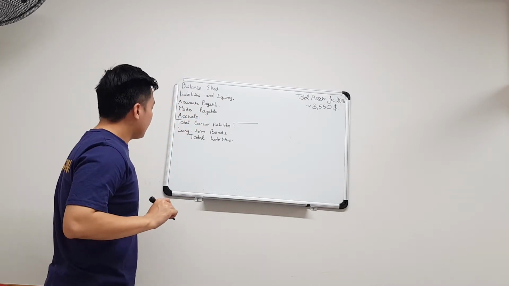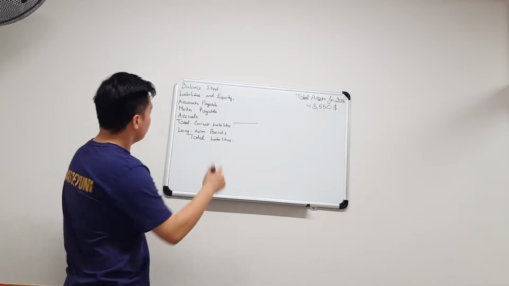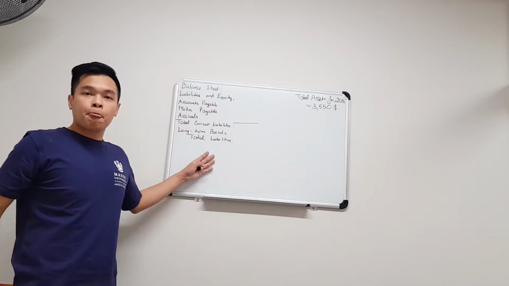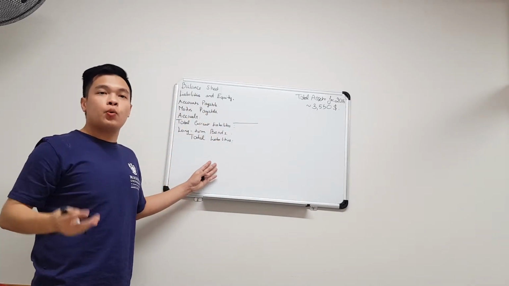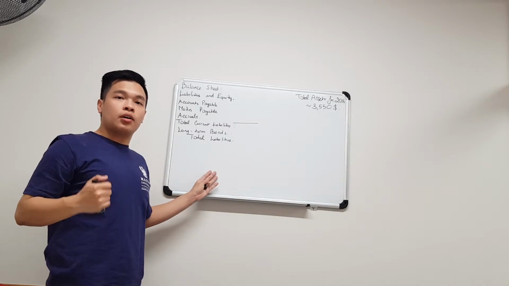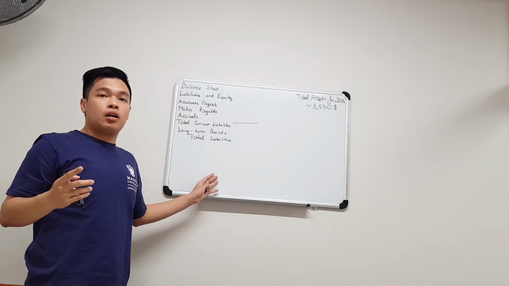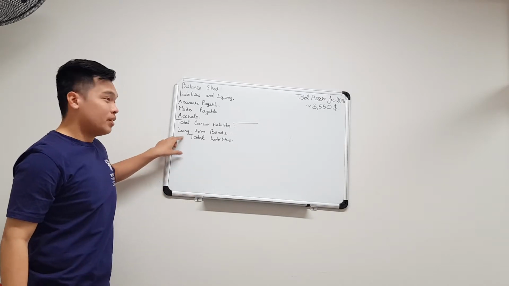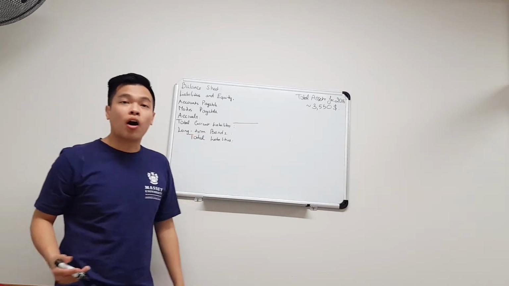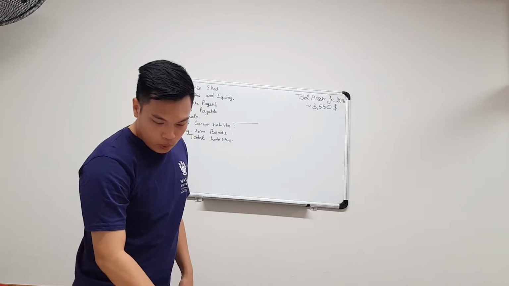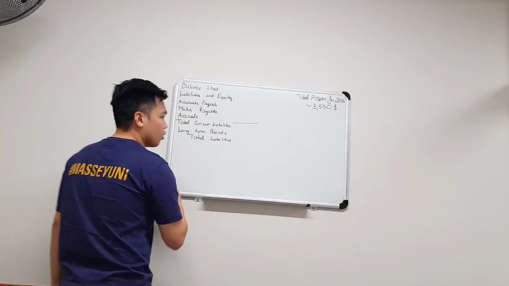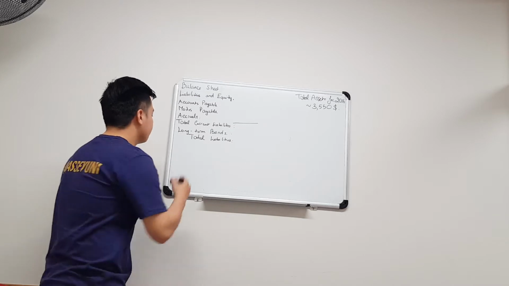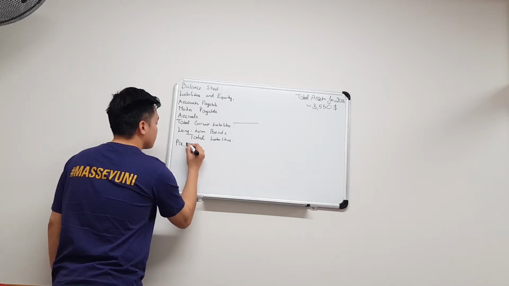So we have this part here. For liability, we have short-term current liability or short-term debt, and we have long-term debt, represented here as a long-term bond. And we also have preferred stock as part of equity.